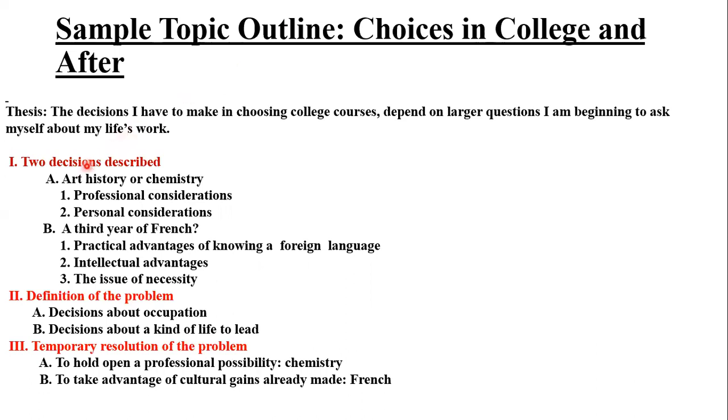So in this outline, the topic is choices in college and after, and two decisions are described: art history or chemistry. Professional consideration, personal consideration, and section B, a third year of French, practical advantages of knowing a foreign language, definition of the problem, temporary solution of the problem.